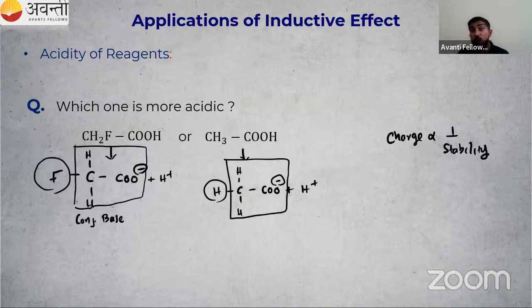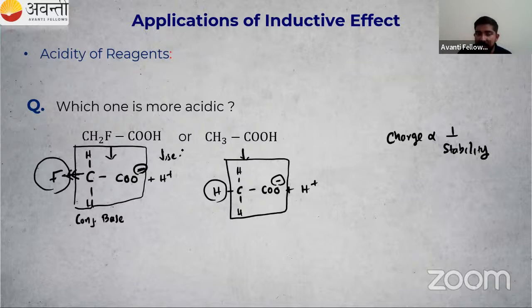Then fluorine is electronegative. Electronegative means minus I effect, right? Minus I or plus I? Minus I, right? So what will happen here? Fluorine is present, so it will withdraw electrons from the carbon chain, taking negative charge from the carbon chain. So the magnitude of charge on this carboxylate ion COO minus will decrease.